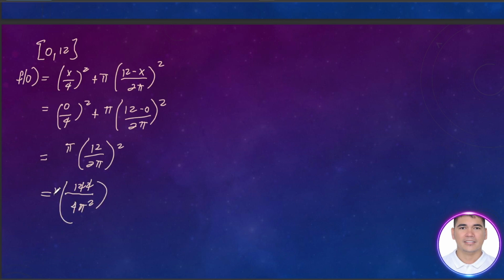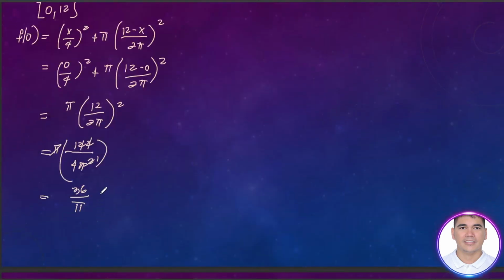Cancel the pi. 144 divided by 4, we get 36 over pi, which is approximately equal to 11.46 square feet. That is if our x is equal to 0.